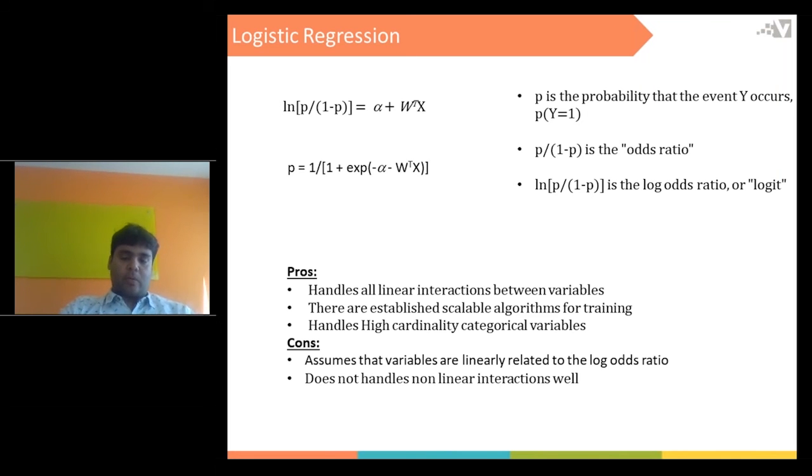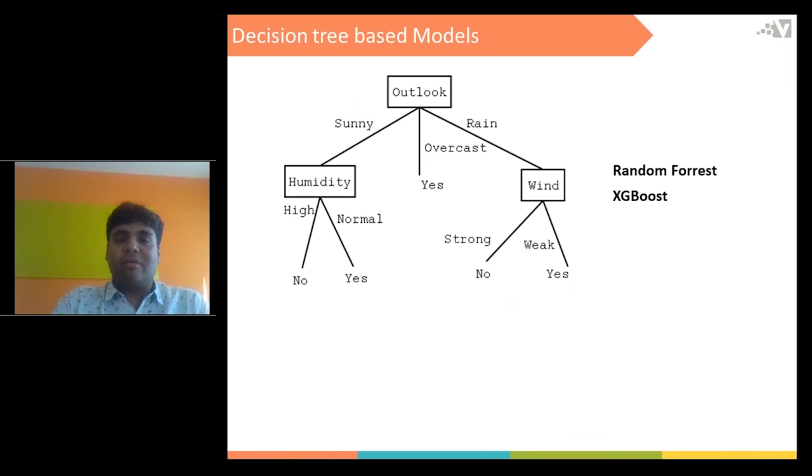The second most widely used are the decision tree based models. Random forest and XGBoost come into this category, and these are very widely used classification algorithms. The training is different here compared to logistic regression.